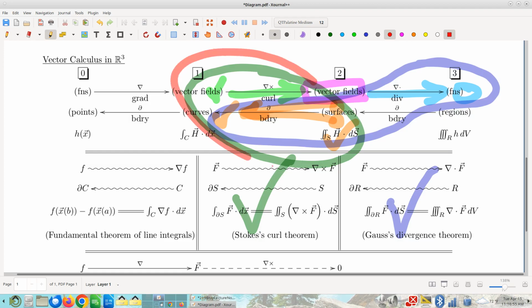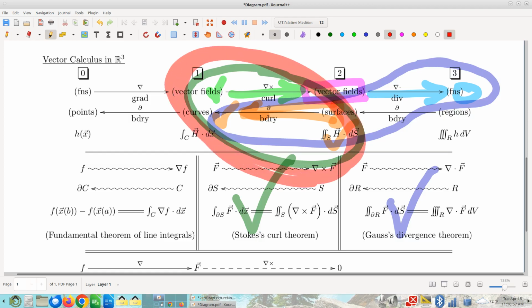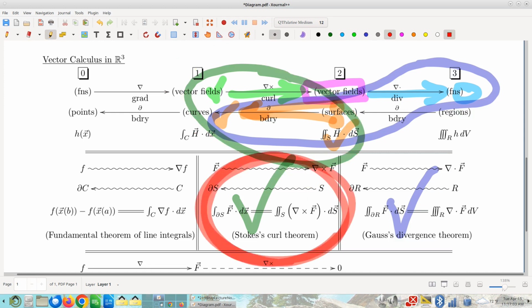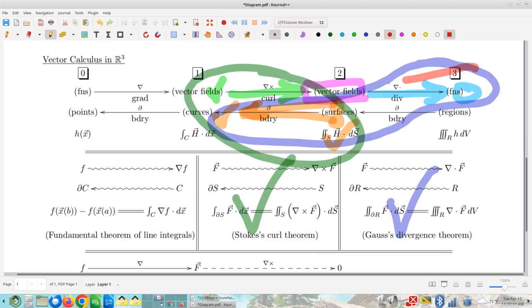The way we're going to show that every curl is surface independent is, as this pattern strongly suggests, Stokes' curl theorem. Likewise, how are we going to show that whenever divergence is 0, it's surface independent? Gauss's divergence theorem is the tool that does that. So this pattern not only tells you which properties connect to which other properties, it even hints at how to see those connections. All of that works too.